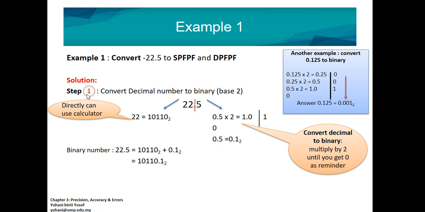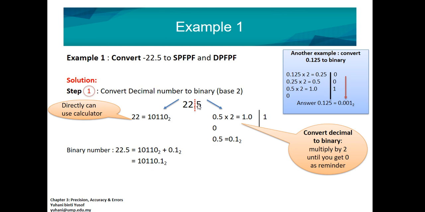So first we need to convert the decimal number to binary base 2. Since you see here the number is 22.5, we can ignore the negative first because the negative is just put in the sign. So we know that this sign bit will come as 1 because it is negative. So we just convert the 22. By using a calculator, you can have it equal to 10110 base 2.